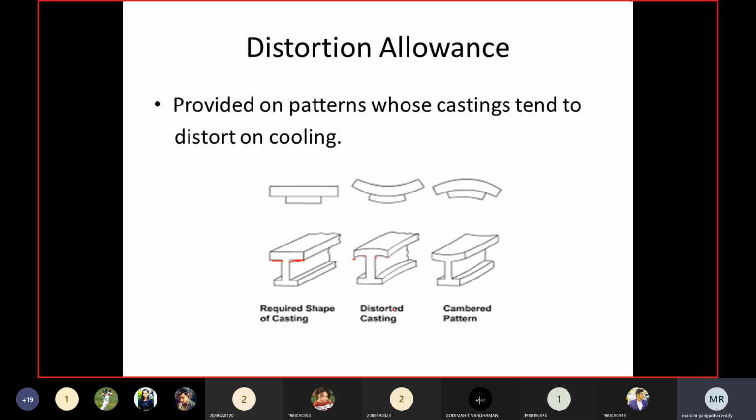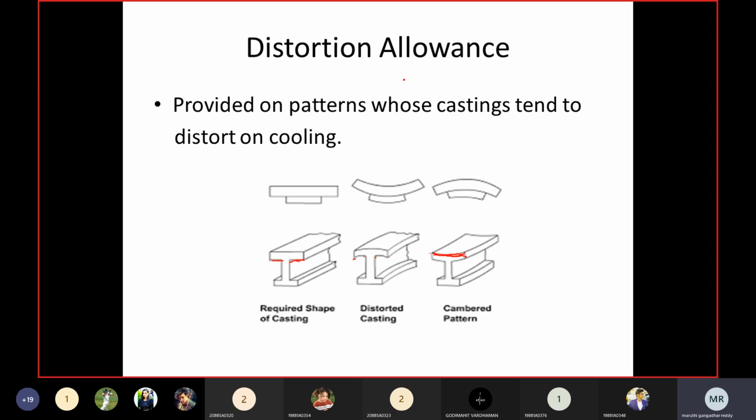So what I need to do in order to avoid this distortion on the casting is provide the distortion in the opposite side for the pattern. Here you can observe it is distorted slightly upwards, and then what will happen during the solidification? It will try to bend, or it will get distorted, and then it will become straighter.